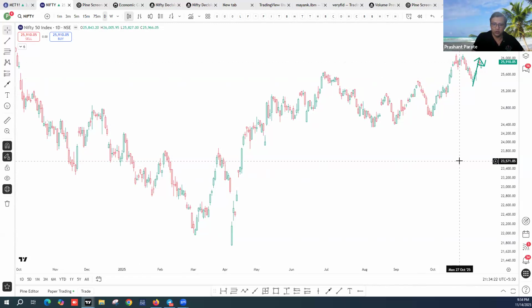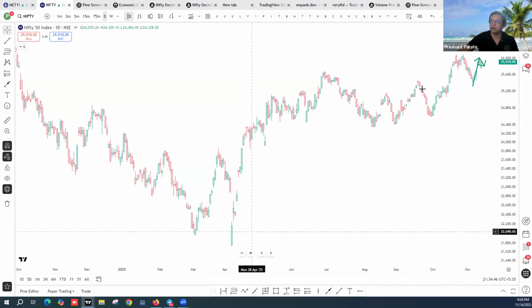So first thing, always use a laptop or a desktop for analysis. Never ever use a mobile for analysis, especially when it is new, fresh analysis. Don't take any trade decisions based on mobile charts. You can only take decisions about managing the ongoing trade. So you have done your analysis on laptop or desktop.